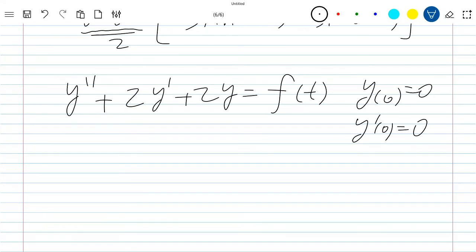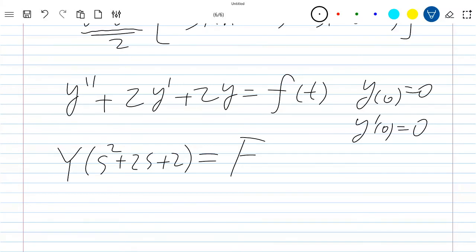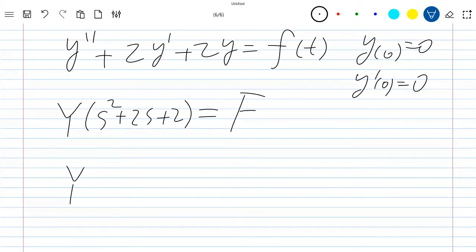Because the initial conditions are all 0, you get Y times s squared plus 2s plus 2 equals the Laplace transform, called capital F. So Y equals F divided by that. But that's it, because we don't know what f is.